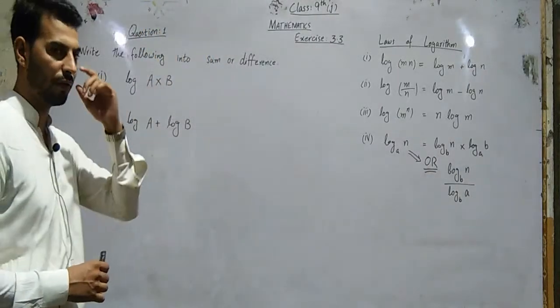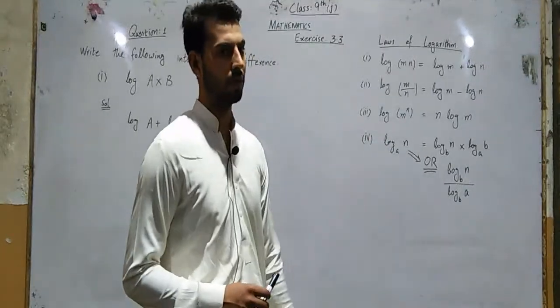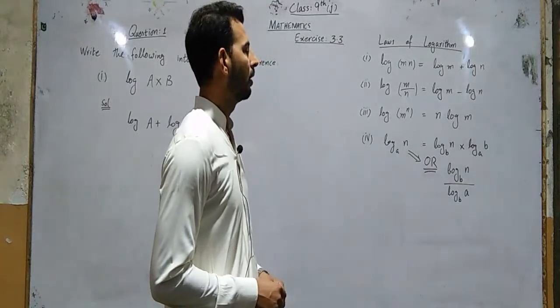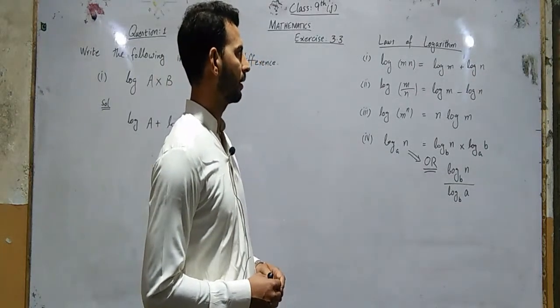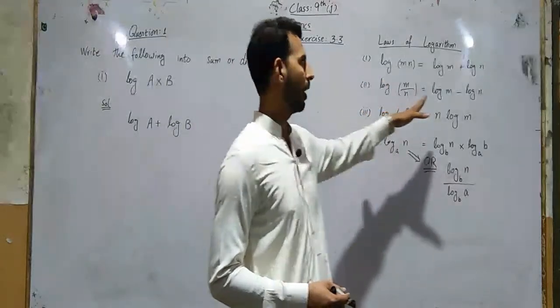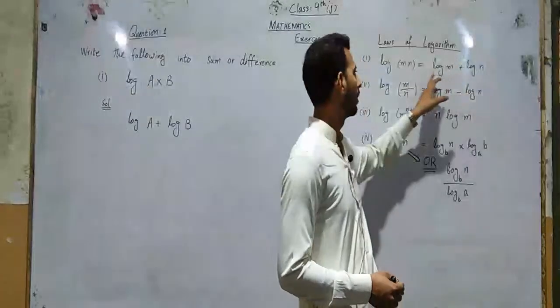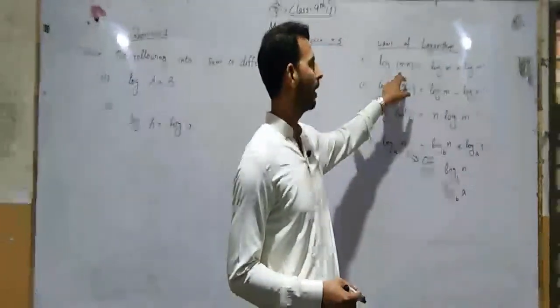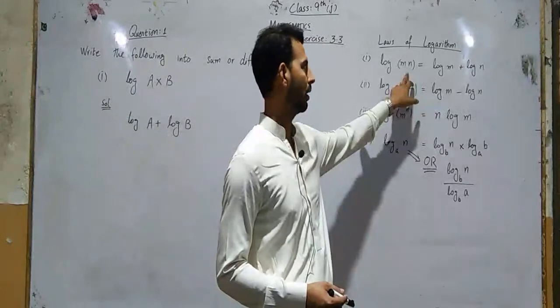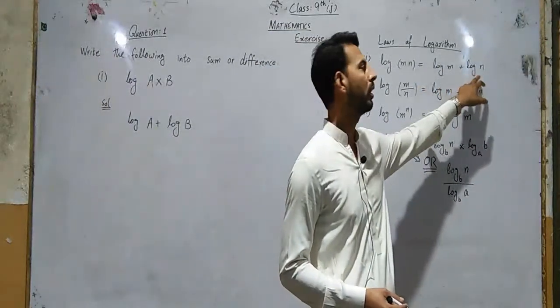In this exercise we have to look at the laws of logarithms. In log form, we separate them by putting a plus between them. So log mn equals log m plus log n.